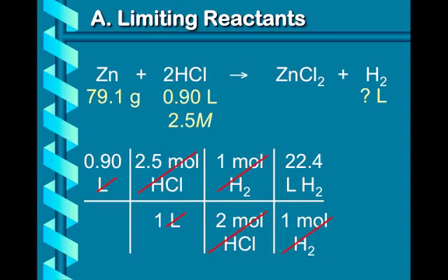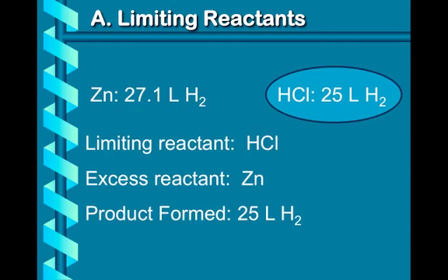Multiply the top numbers, divide by the bottom numbers, and we end up with 25 liters of hydrogen, which is actually a smaller amount. So in a reaction, 27.1 liters of hydrogen can be produced from the zinc, but only 25 liters can be produced from the hydrochloric acid.